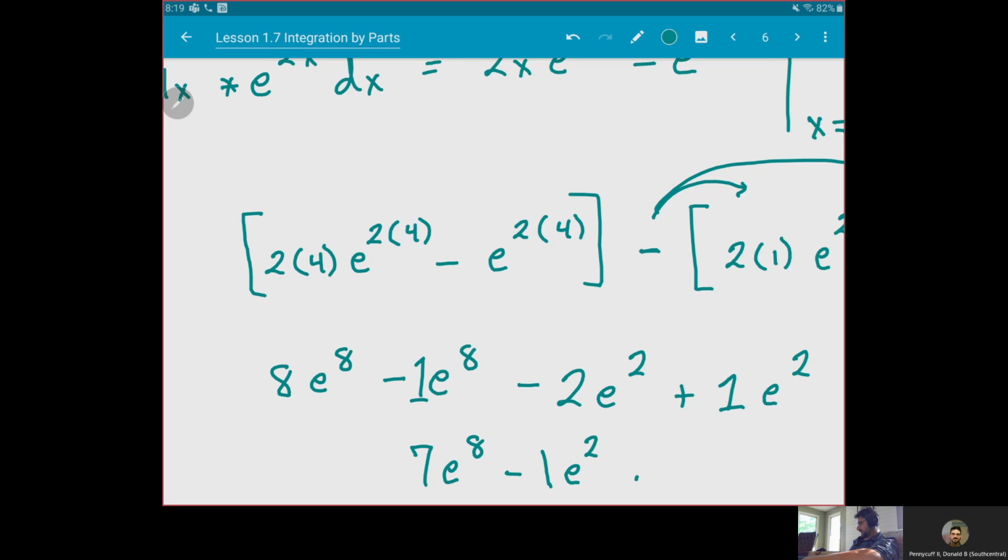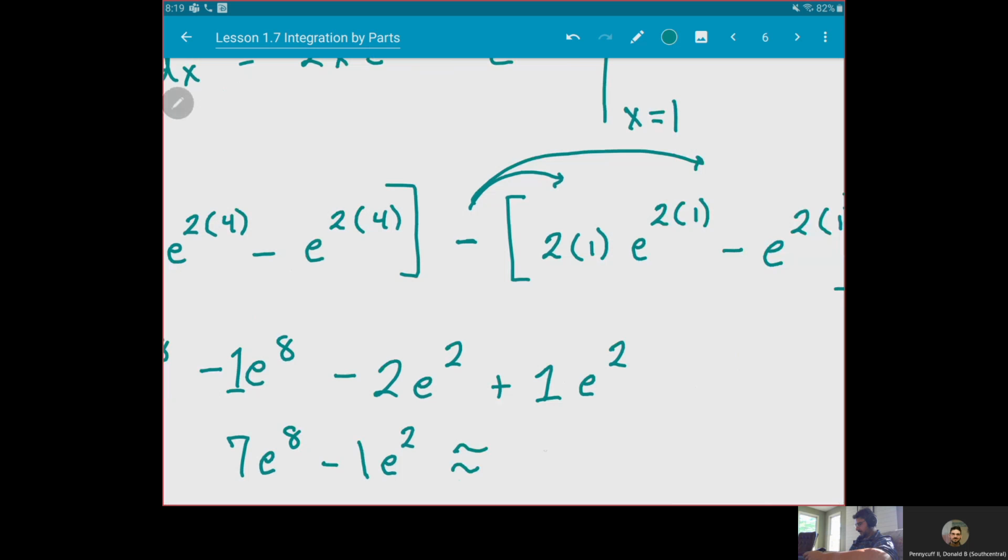And if you have a calculator on you, you can type that in. And I do have a calculator. 7 e to the 8 minus 1 e to the 2 is a fairly large number, 20,859.317.